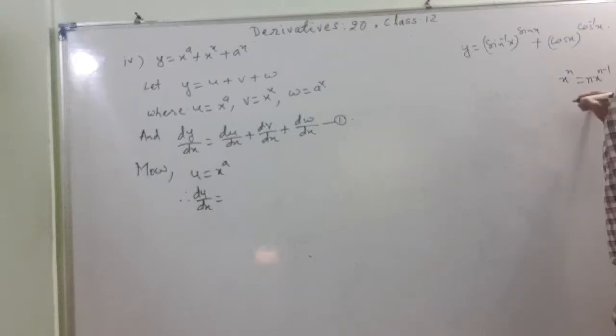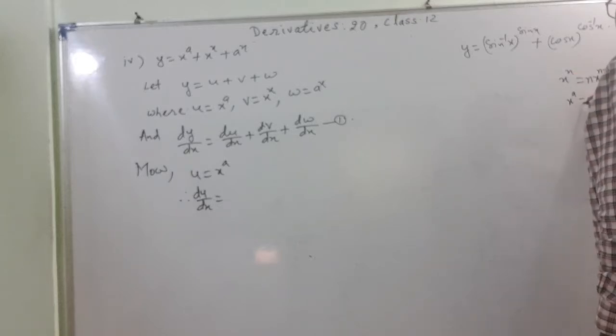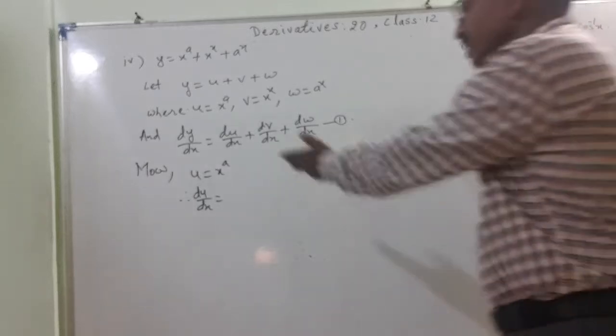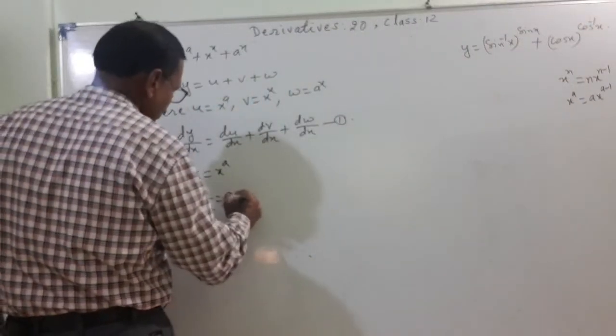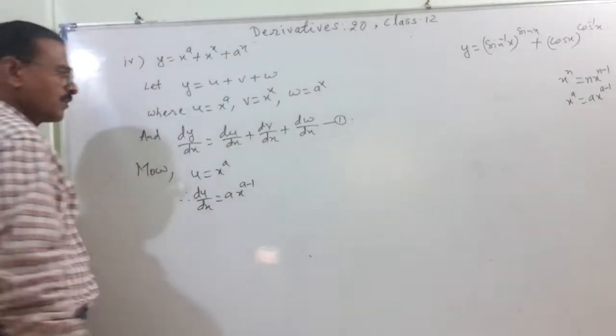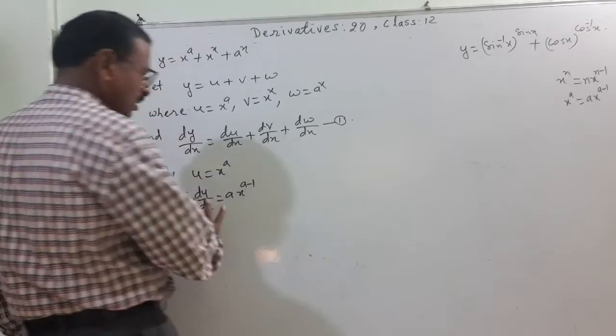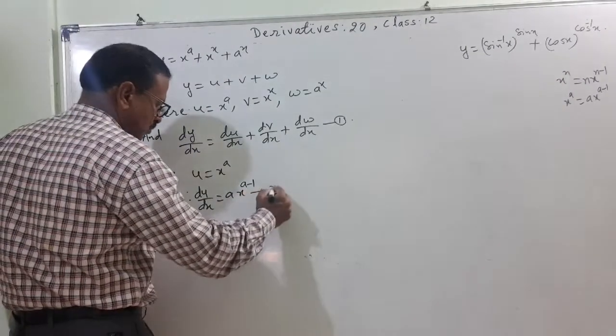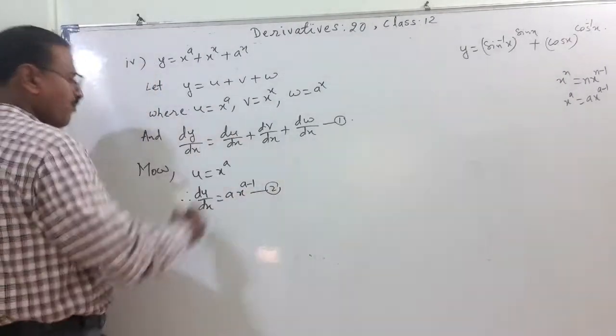Instead of n, it is x raised to a. So it will be a into x raised to a minus 1. That's all. Okay. This is over. This is your 2. Now take v.